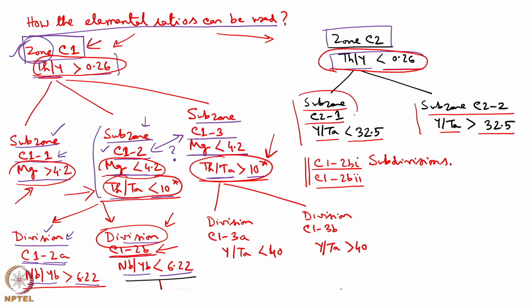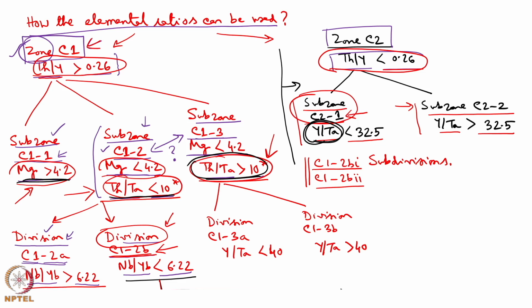Interestingly, when the other subzones C2-1 and C2-2 were defined, we were not using Th by Ta, rather we have used another ratio, Y divided by Ta. This is important. While dividing the subzones, in this side we have taken care of Y by Ta, whereas here we have taken care of Th by Ta. This is to be clearly understood.